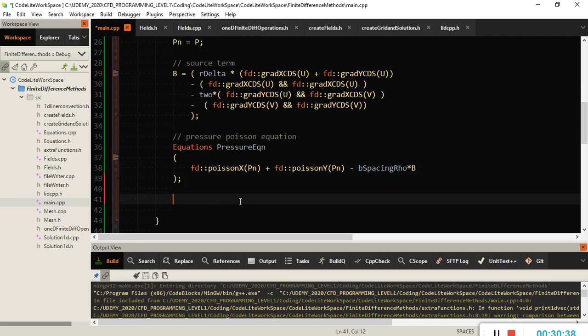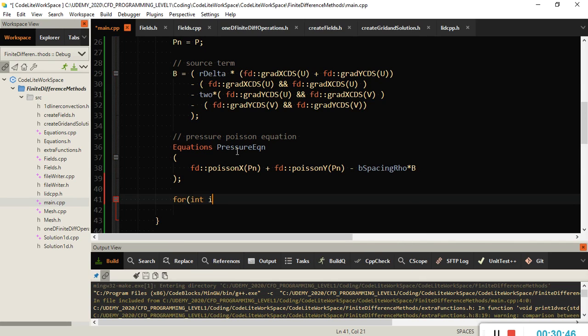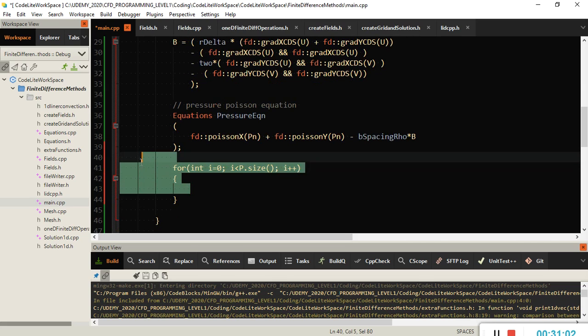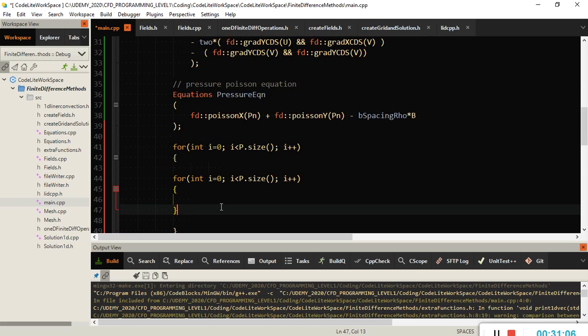So now we need to say that for the entire size of the vector, so from i equals 0 to i is less than p dot size, i plus plus, then just we'll get practice of writing this kind of loops.